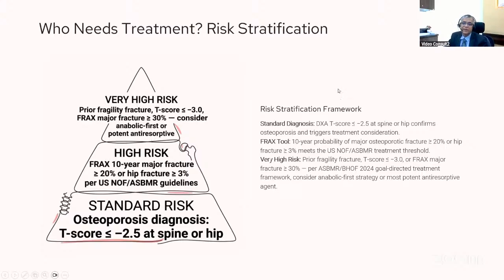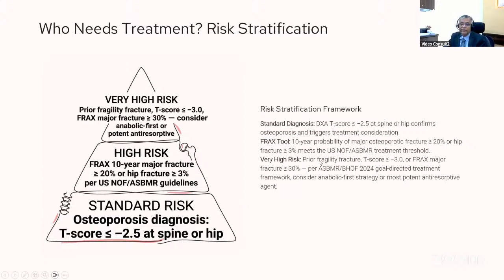So how do you get the T-scores? By the standard diagnosis by DEXA. A DEXA is to be performed before starting treatment. When it is minus 2.5 at the spine or hip, it confirms osteoporosis and triggers treatment considerations. And if you have the FRAX tool, a 10-year probability of major osteoporotic fractures more than 20 or hip fracture more than 3% meets the ASBMR treatment threshold.